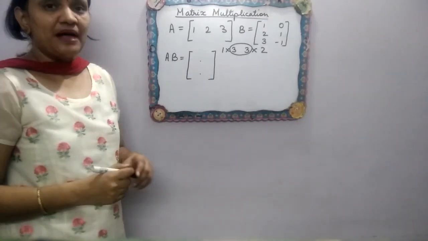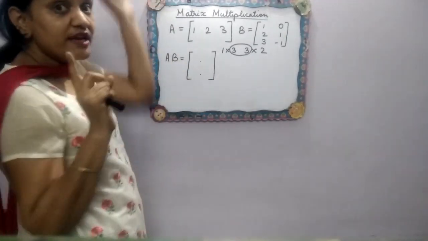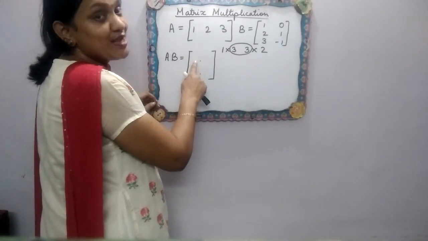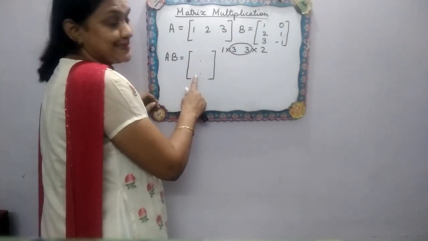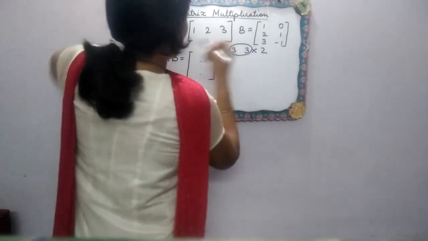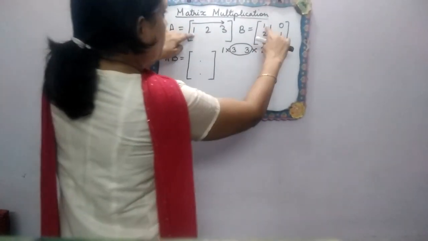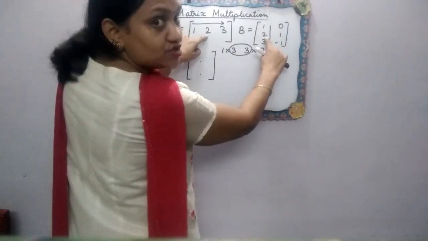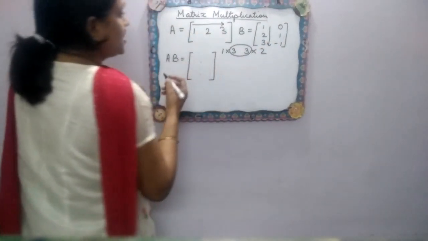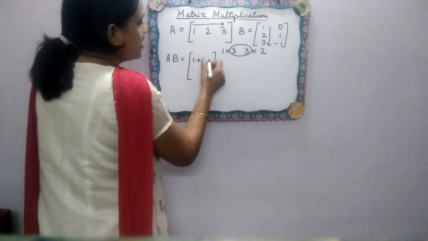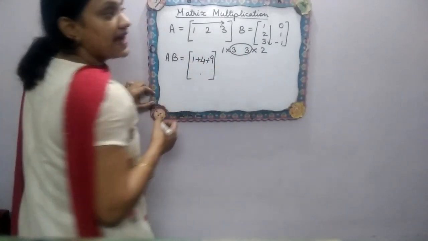So let's multiply first row into first column will give us this, and first row into second column will give us this. So we are going to multiply like this. 1 into 1 and 2 into 2 and 3 into 3. So 1 into 1 gives us 1, 2 into 2 gives us 4 and 3 into 3 gives us 9.